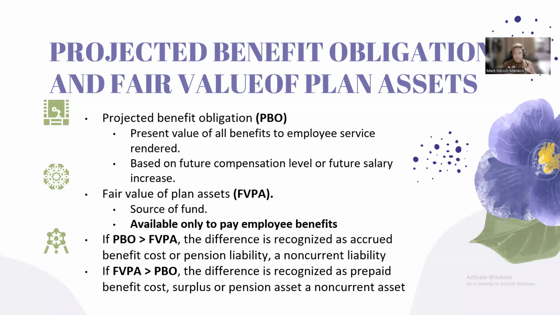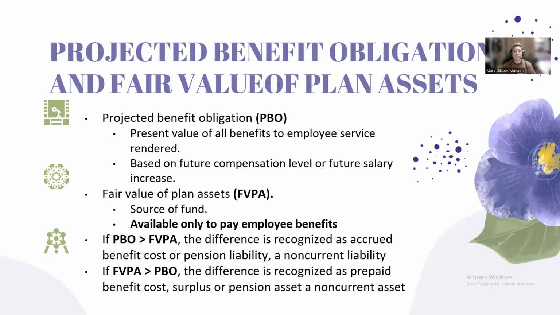Now these are the rules. If the projected benefit obligation is greater than the fair value of plan assets, the difference is recognized as accrued benefit cost or pension liability, and we categorize it as a non-current liability.